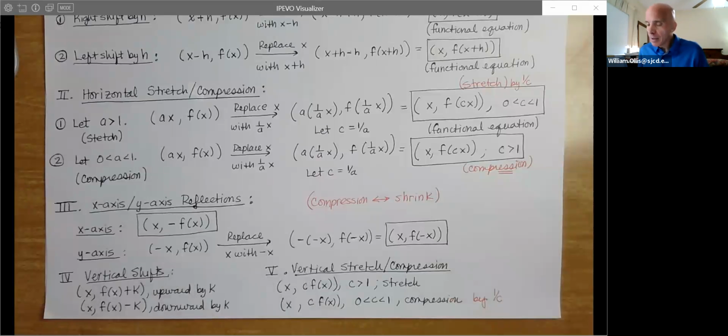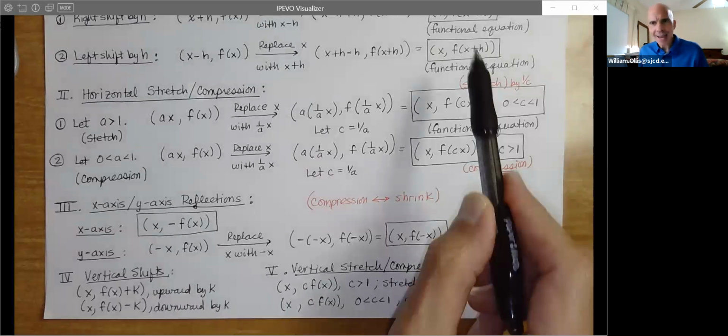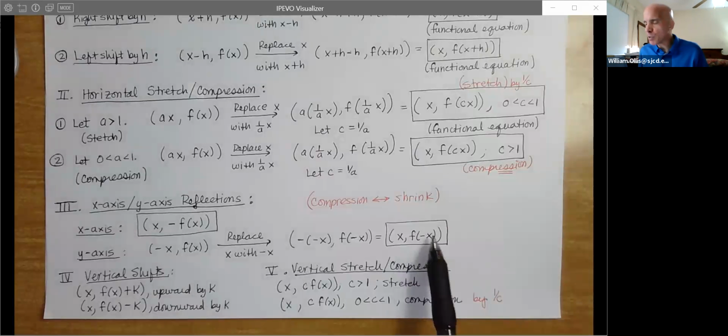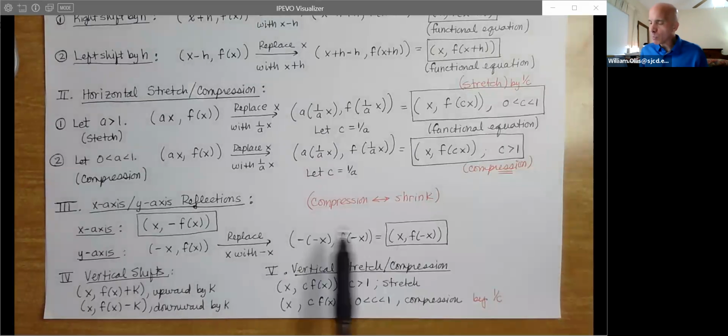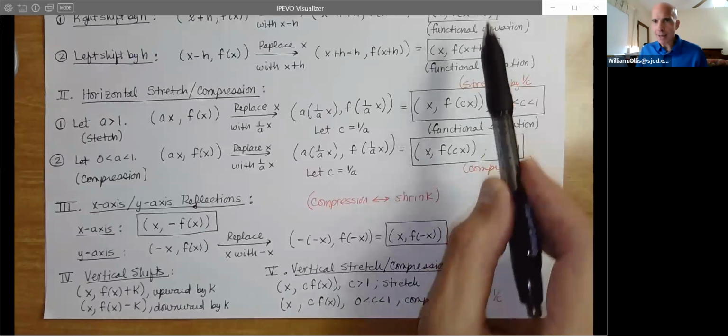So this one is very intuitive. This one's like these here, not as intuitive, but at least you can see that this makes a little bit more sense, at least in terms of moving to the other side of the y-axis. So again, now that we see, these don't look so bad.